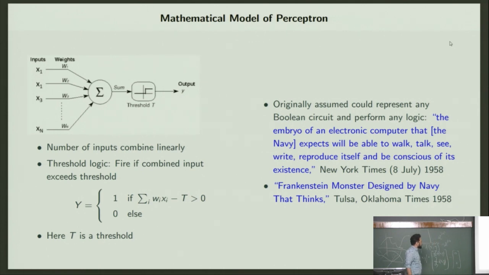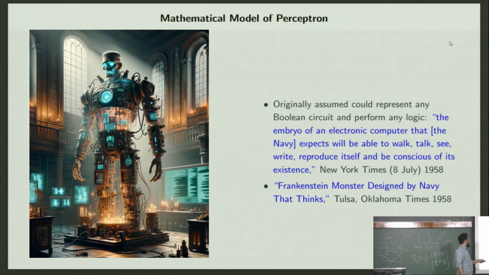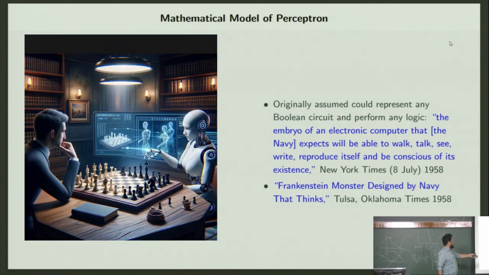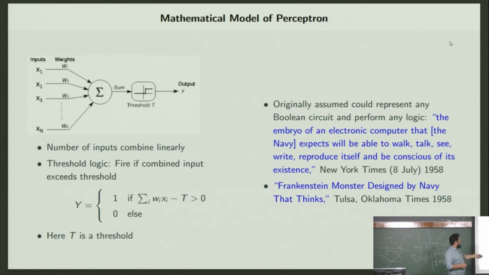When this was proposed in 1958, the news was huge. It was even described with Frankenstein in mind, because AI was becoming so huge that it was surpassing humans, and maybe at some point AI will go against its creators, like Frankenstein killing the one who created it. Humans created it, so we don't know if AI will take over humans.